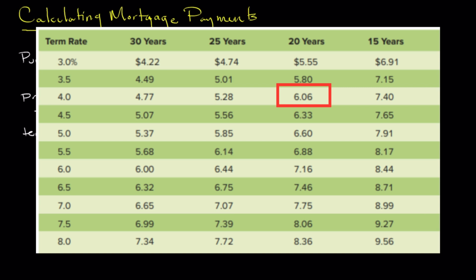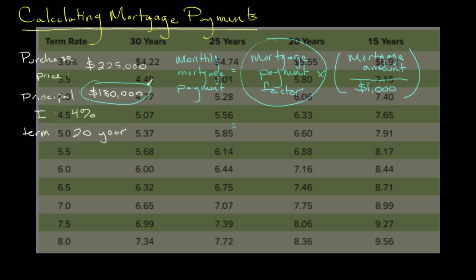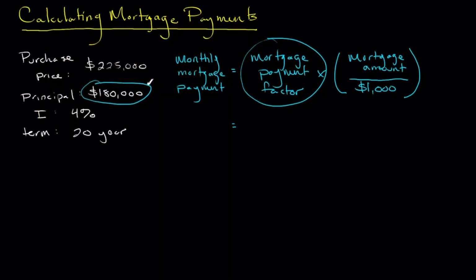So if we were to move down with our calculations, we would fill in the mortgage payment factor of 6.06. And then we're going to multiply that by our mortgage amount, which for us is $180,000, and divide that by 1,000.